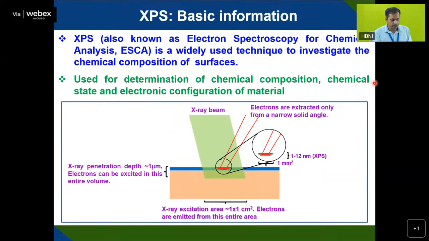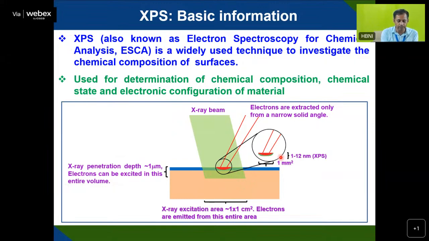You can see this is the surface of the material, and the blue zone here is the top surface. X-ray beams fall on the sample surface, and electrons mainly come out from the top surface, the red marked one here. You will see about 1 to 12 nanometer in case of XPS.